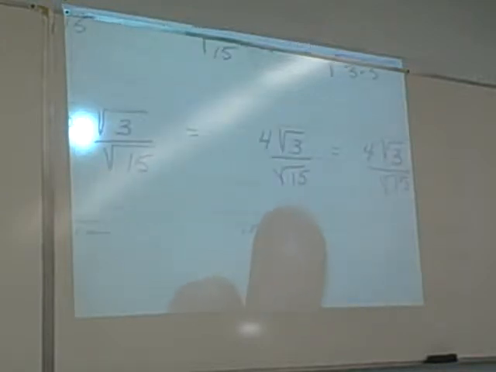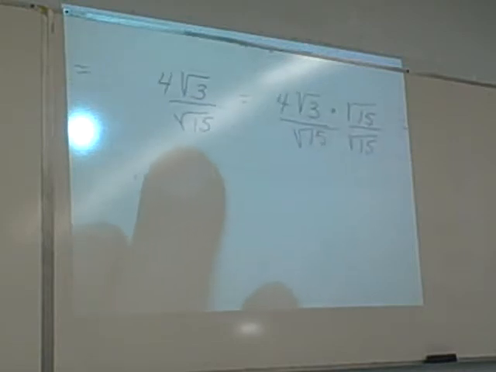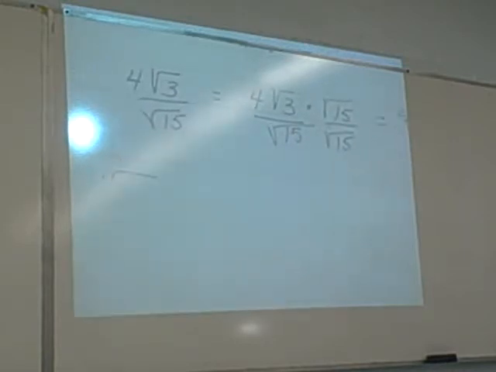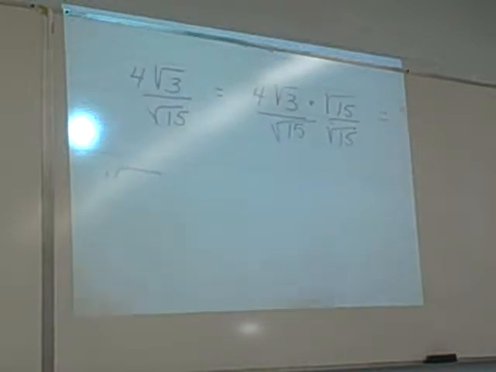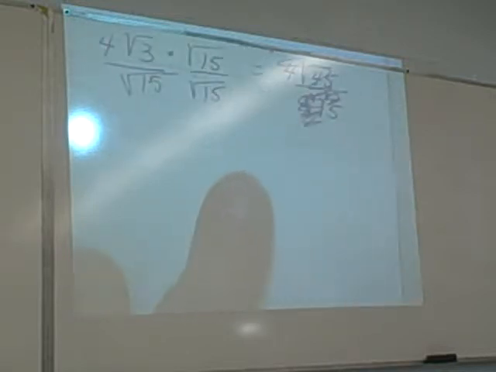Okay? So I decided to do what with those 15's? I multiplied them out. What am I going to have? 4 times what in my numerator? I'm going to have rad 45 over 15. And I'm even going to show you, oops, I made a mistake because I put a radical sign here.